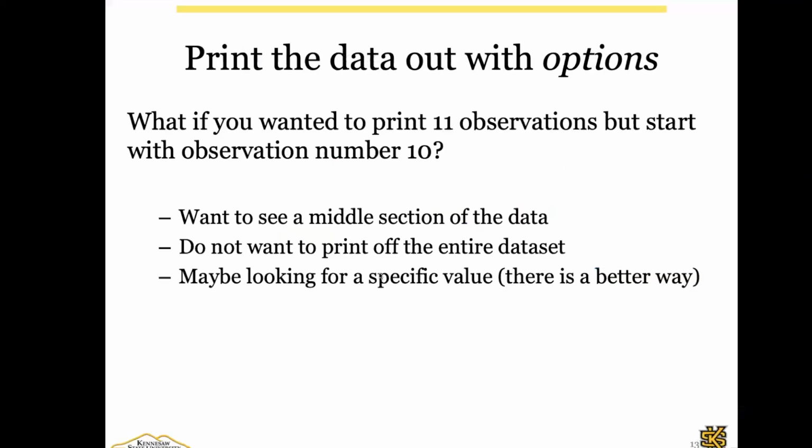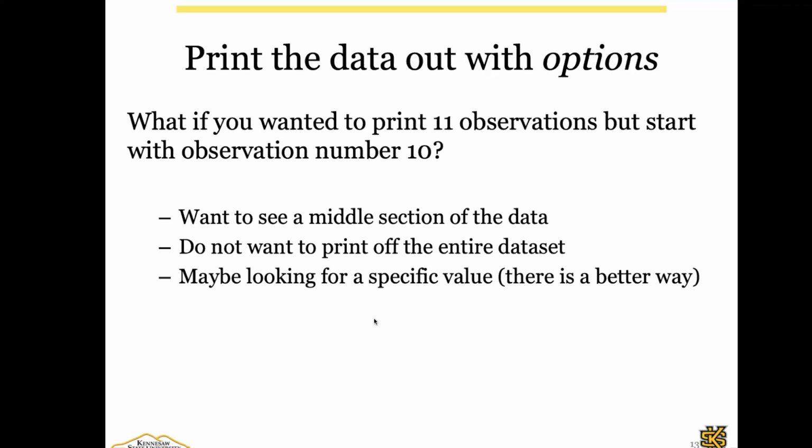Okay, so for example, we just learned how to print the first 10 observations. Now what if we want to have 10 observations, 11 observations, whatever, but start from observation number 10?